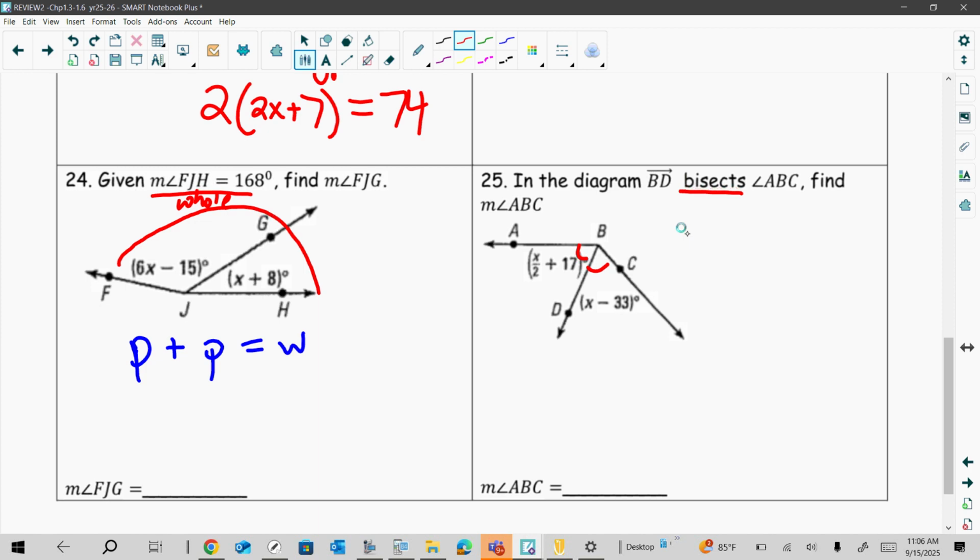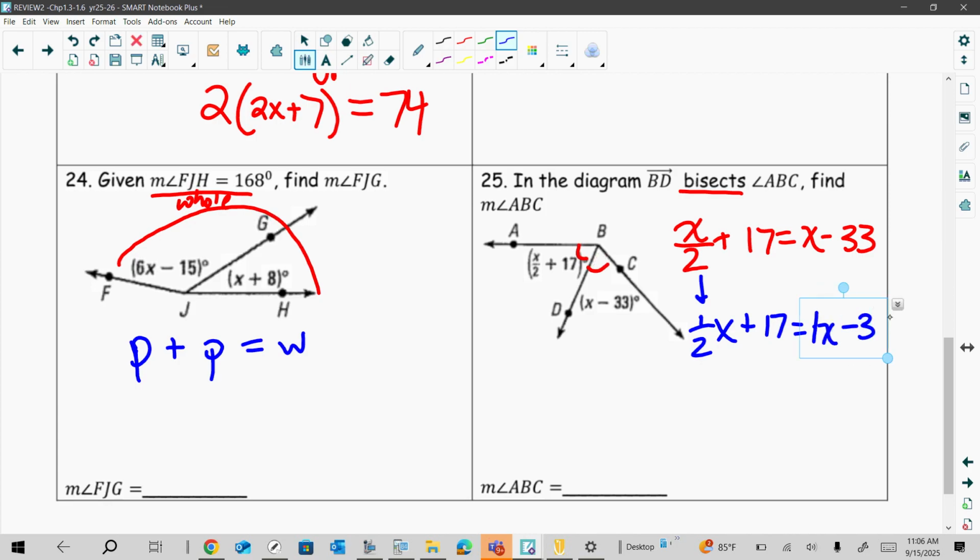And I see everyone writing the equation correctly, saying x divided by 2 plus 17 equals x minus 33. But what we need to recognize is this x divided by 2 is the same thing as saying 1/2 x. And x is saying 1x minus 33.